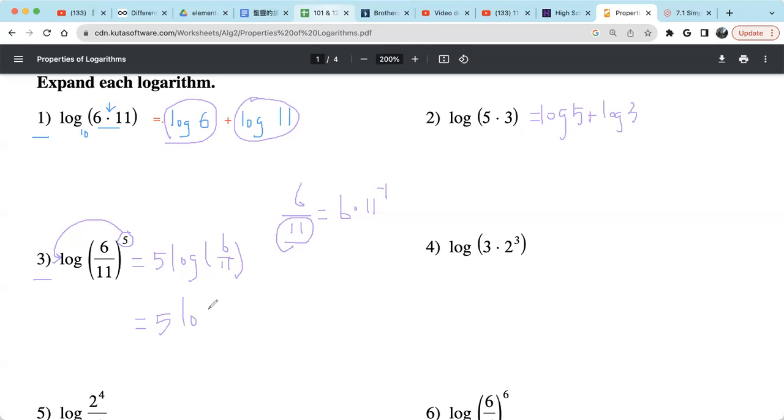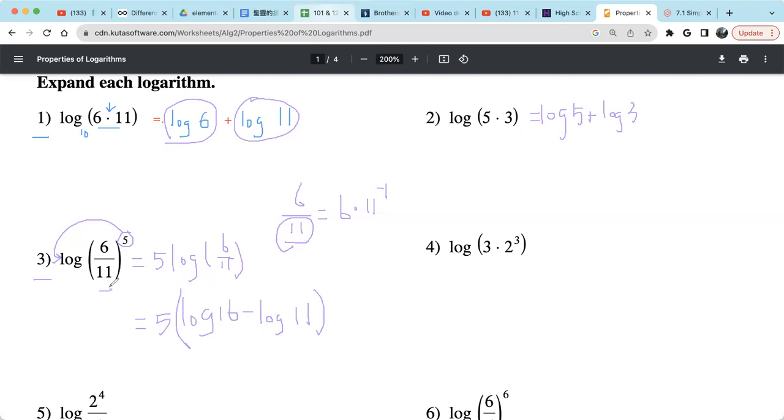So if it's a quotient in the value, the numerator is positive and the denominator is negative, so it's minus log of 11. You can go with plus negative, which is just minus, right?